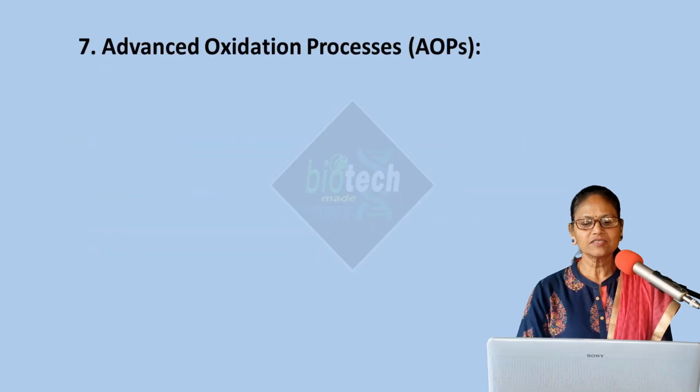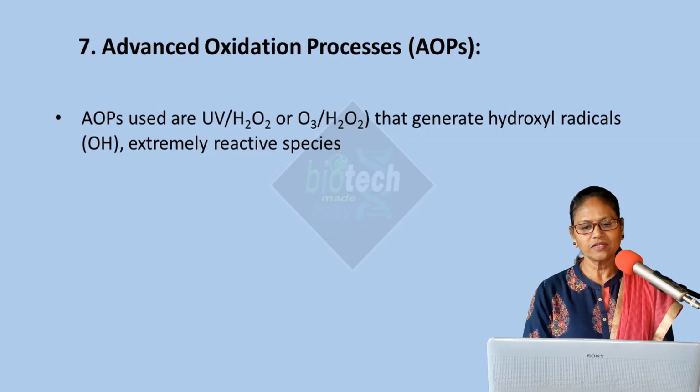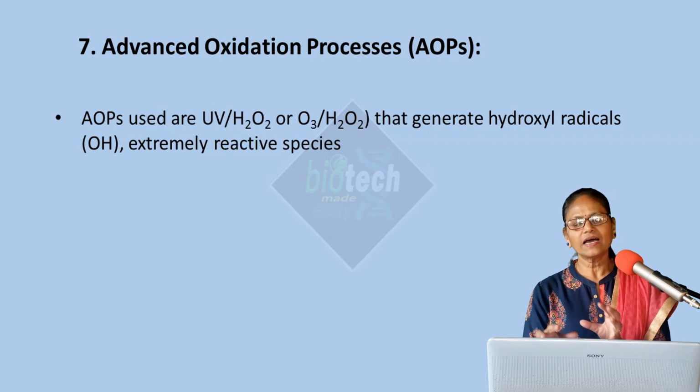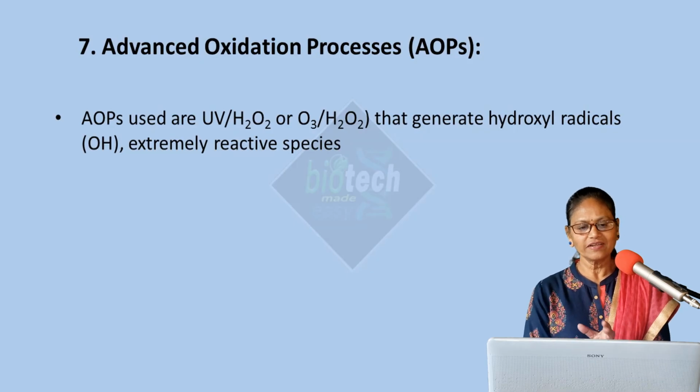Next one is advanced oxidation processes. These advanced oxidation processes use UV and H2O2, hydrogen peroxide, or ozone plus H2O2, and they generate hydroxyl radicals. These hydroxyl radicals are extremely reactive.